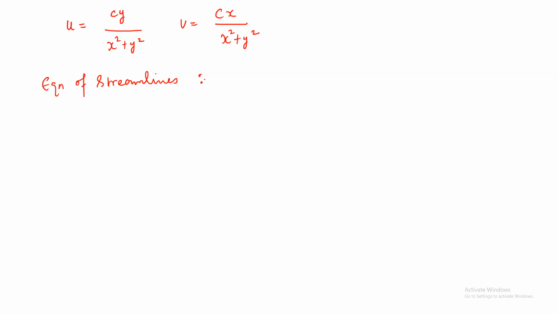So the velocity components given to us are u = cy/(x² + y²) and v = cx/(x² + y²). Now let us write the equation of the streamline: dx/u = dy/v.